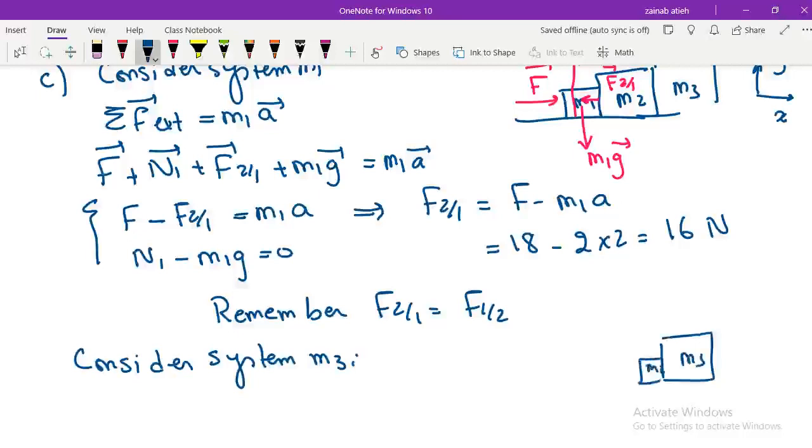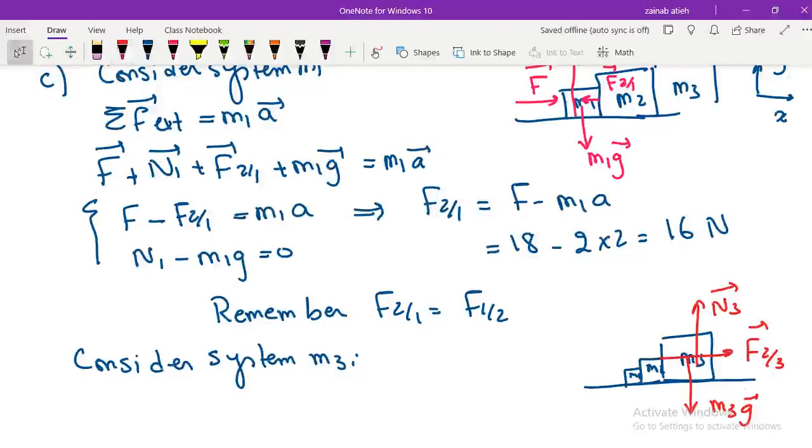This is M2, and beside it we have M1. They are all lying on the same ground. What are the forces acting on M3? We have the weight, which is M3G, the normal N3, and the force exerted by 2 on 3, this is F2 on 3.